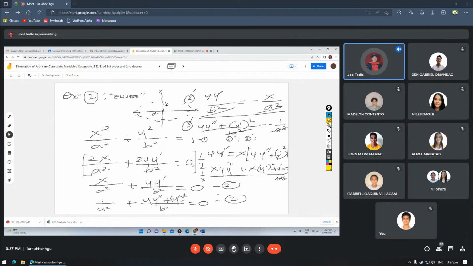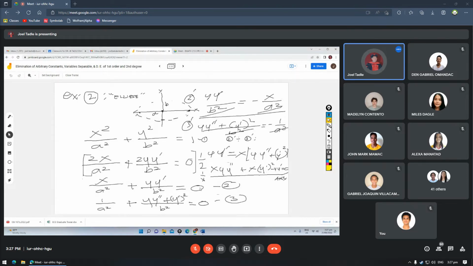Then next, we differentiate again, since we need to differentiate twice. But before differentiating, we simplify this equation first. We can multiply both sides by 1/2 to eliminate the constant 2. So the simplified equation is x over a squared plus y y prime over b squared equals 0.